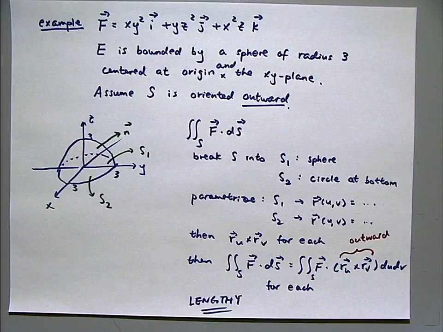And the divergence of that is just the partial derivative with respect to x of the i component plus the partial derivative with respect to y of the j component plus the partial derivative with respect to z of the k component.